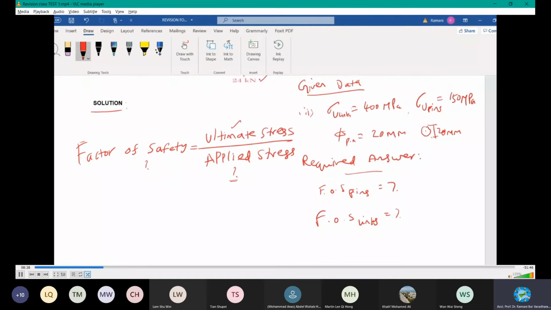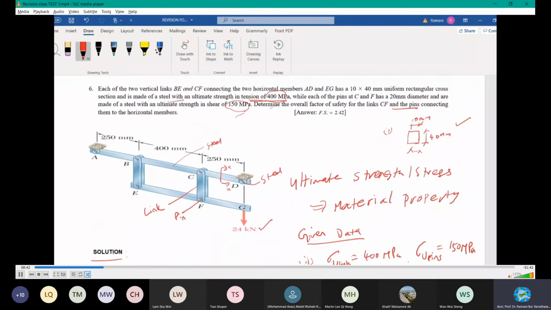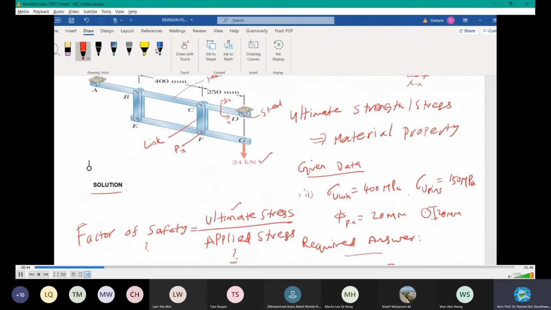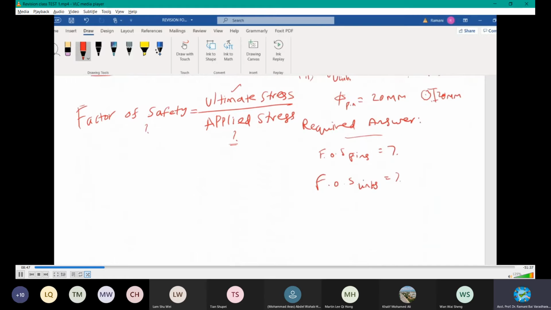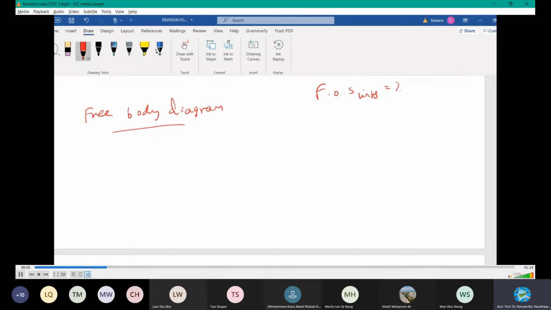Let's draw the line sketch so that it is easy for us. Our point of interest is the pins at C, F and the pins, okay? Just draw the line diagram or free body diagram, so that you know what the loads are and what the reactions are.